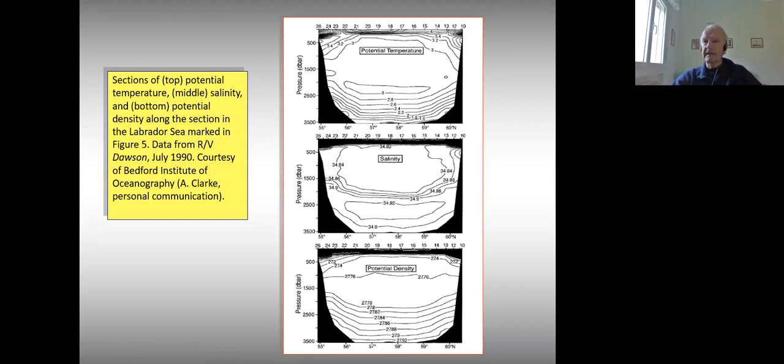In the surface layer, the vertical restratification is already taking place. This is not really the Adriatic, but the Labrador Sea, but it's the same thing. Anyhow, these are the data from July 1990.